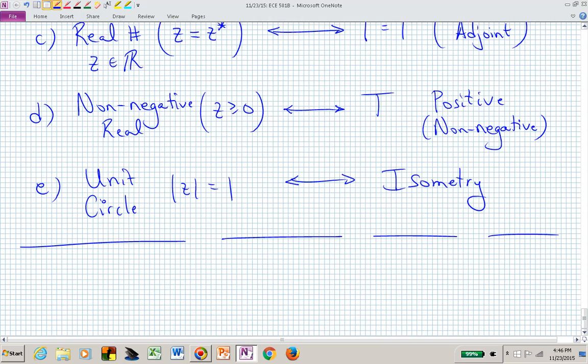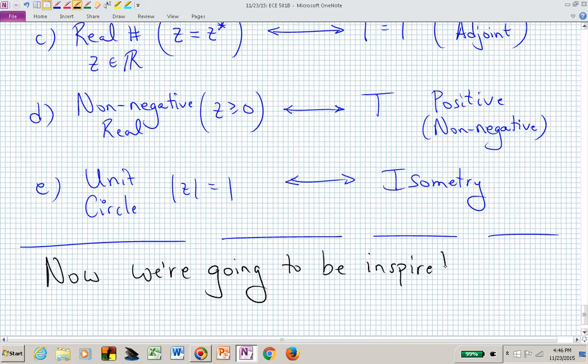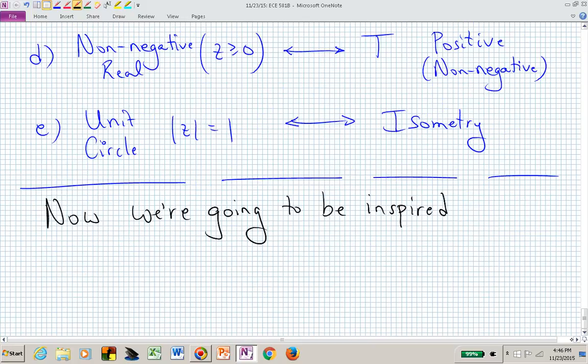So now, what are we wanting to do? Now we want to use these analogies to try to infer some relationships on operators that we already understand with complex numbers. Now we're going to be inspired by this analogy.